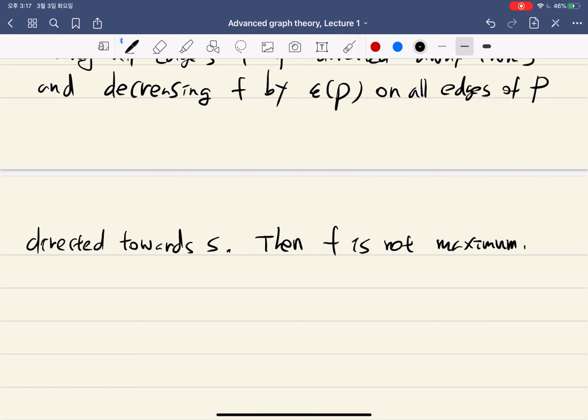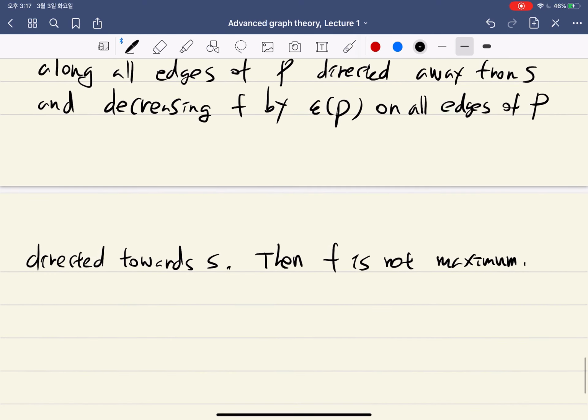It is easy to check that F prime has value larger than F. So the value of F prime is actually the value of F plus epsilon P.